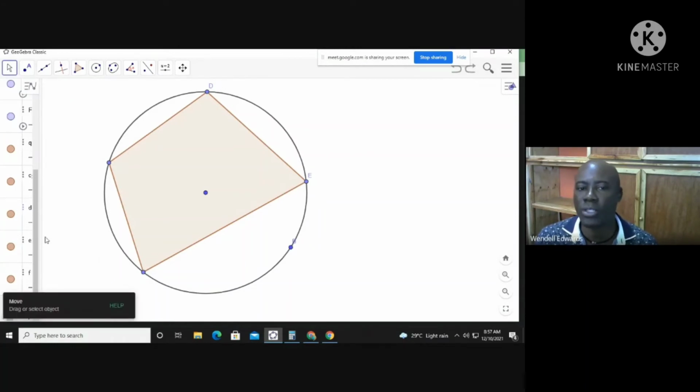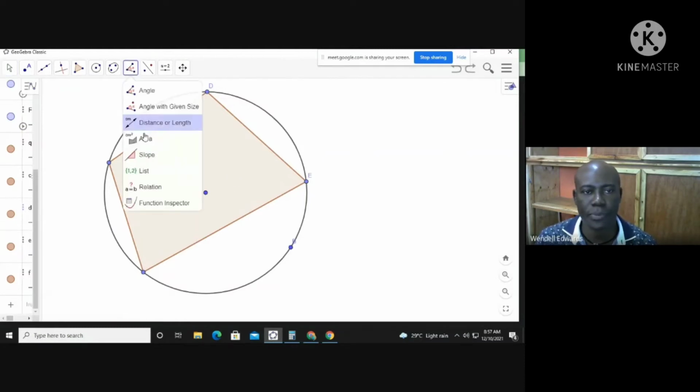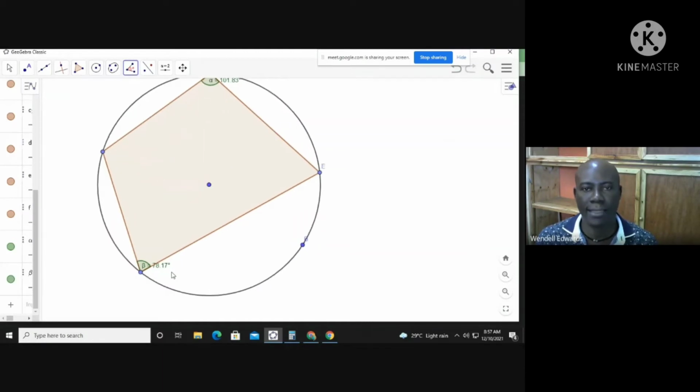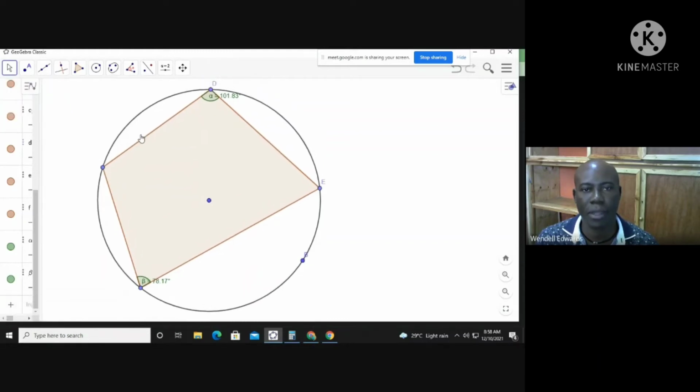Let us put on some angles and then we'll see if it works. This angle is 101.83, and let me put on the angle opposite to it. Now, what we're saying is if you look at these values, 101.83 and 78.17, if we add these, it should come to 180 degrees.